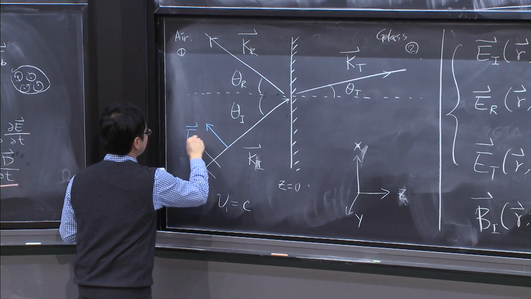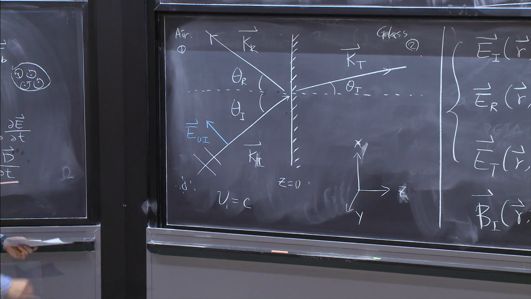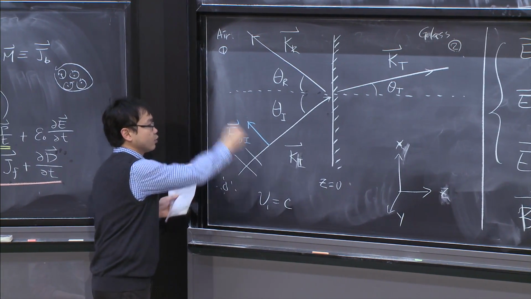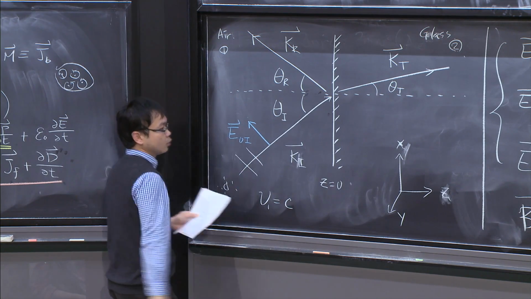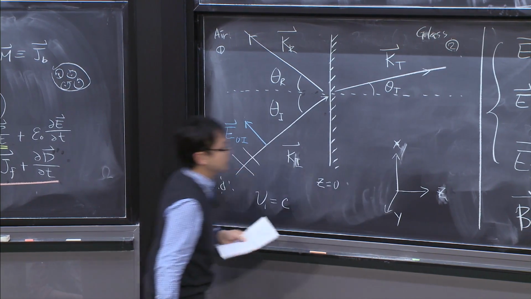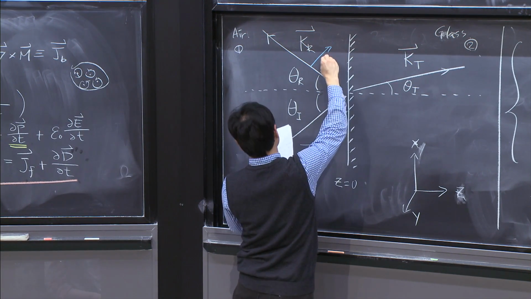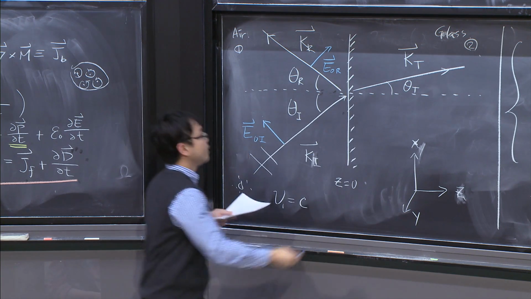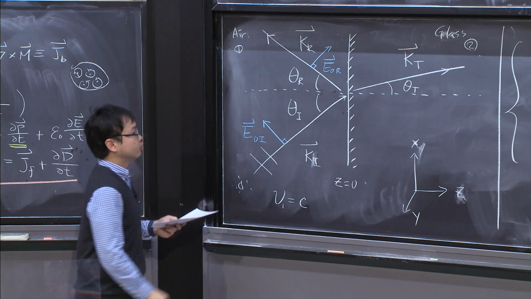So now I introduce a new assumption, which is that the incident wave is having a polarization. The electric field is oscillating up and down in this direction, which is parallel to the xz plane. And also I can write down the corresponding E0r vector, and this will be perpendicular to the direction of propagation.